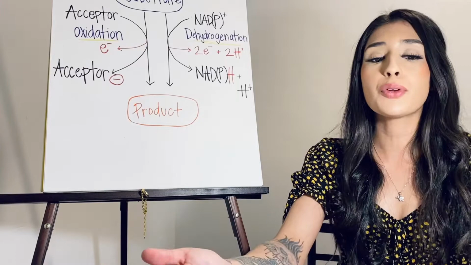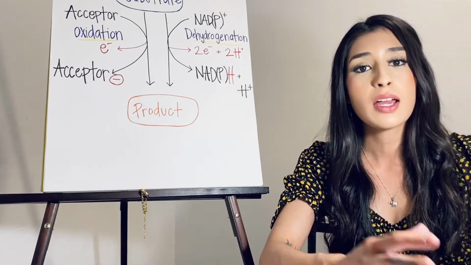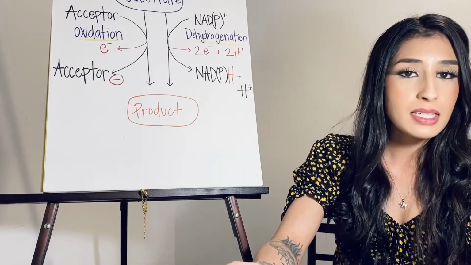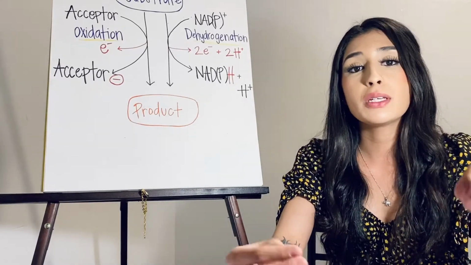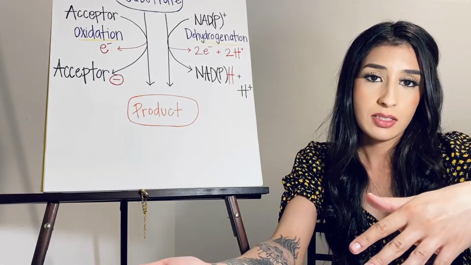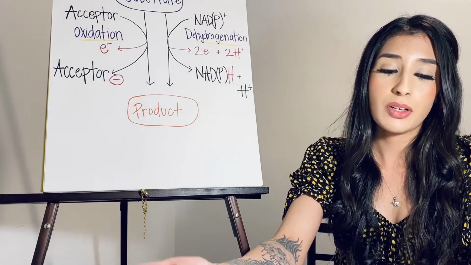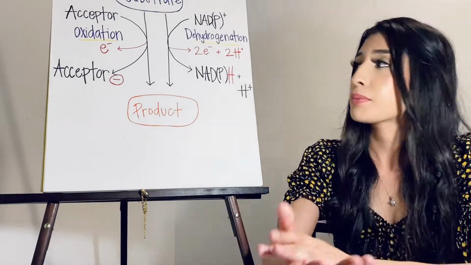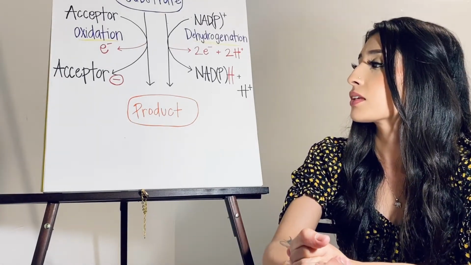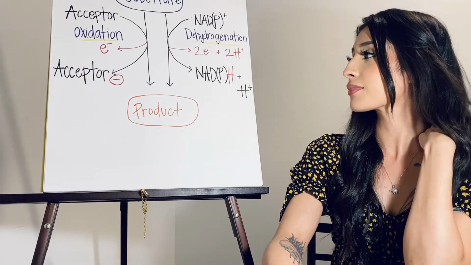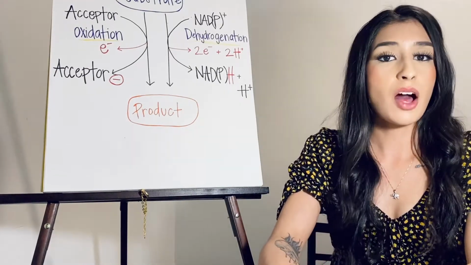But an example of what building blocks are and precursor metabolites and how they relate is amino acids. Amino acids are the building blocks of proteins. So that's an example of how building blocks and precursor metabolites are related to this topic.